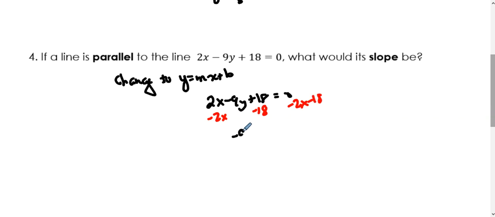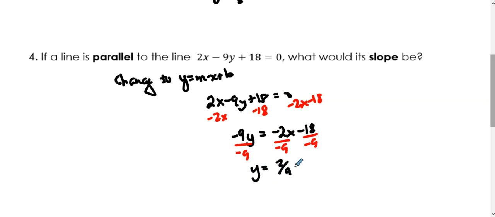So negative 9y equals negative 2x minus 18, divided by negative 9. All right, and since it's parallel, it has to have the same slope.